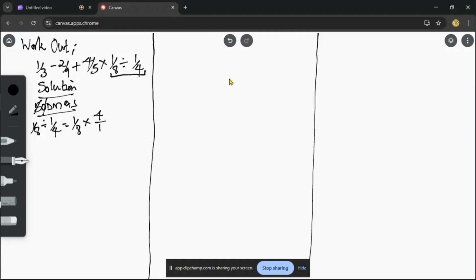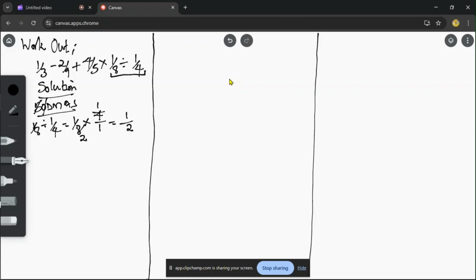Then I ask myself, do you have a number in the numerator that can be divided by the denominator? Yes, 4 can go into 8. So by 4, 1. By 4, 2. So I have 1 multiplied by 1, it is 1. Then 2 multiplied by 1 equals 2. So the answer here is 1 all over 2.